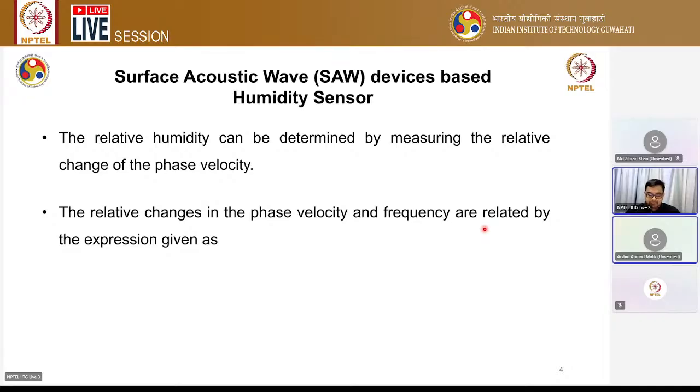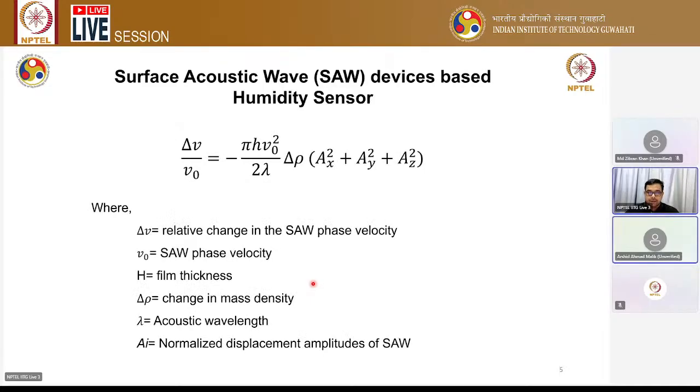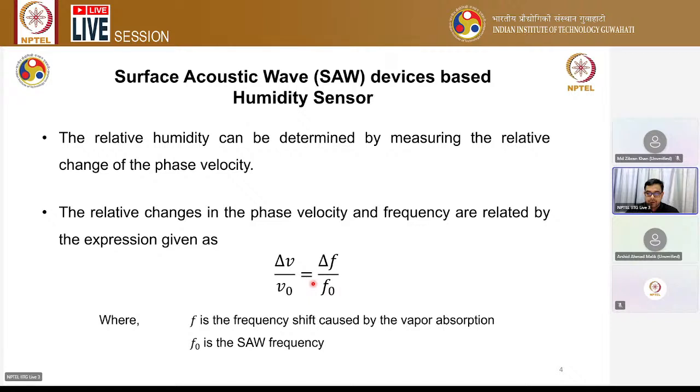The relative change in the phase velocity and frequency were related by the expression delta v by v naught equal to delta f by f naught, where delta f is the frequency shift caused by the absorption of humidity in the sensing material or the receptor, and f naught was the initial frequency.